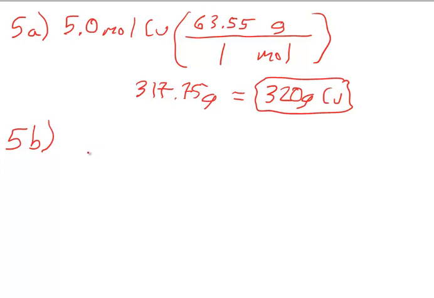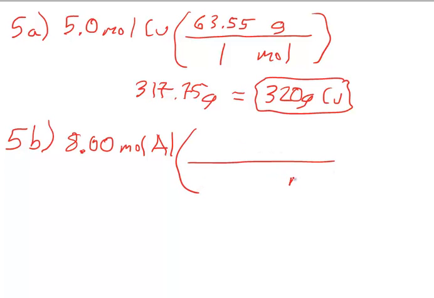5b, we have 8.00 moles of aluminum. We want to get rid of moles, go to grams aluminum. 1 mole, we find the molar mass of aluminum on the periodic table, 26.98 grams.